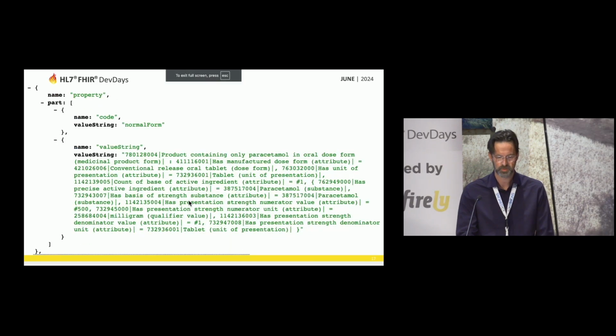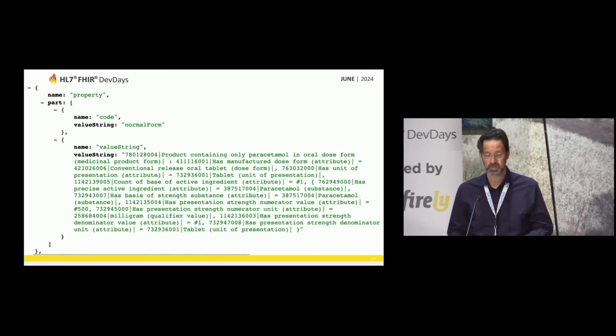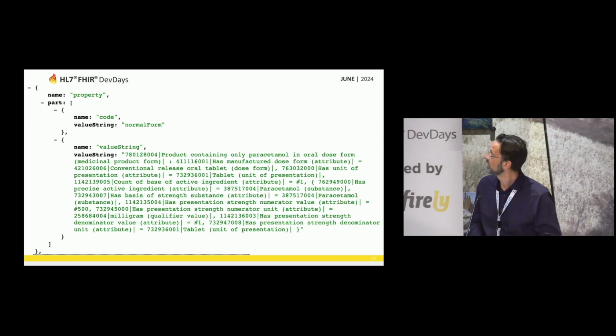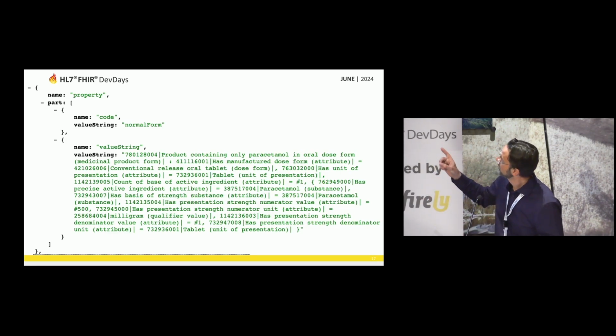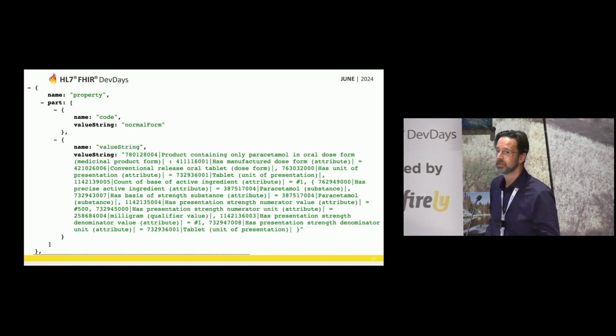So let's drill down on that. Now this is SNOMED compositional grammar, and I've chosen a more complex example here so I can show it off a bit. But an expression like this could be as simple as just the parent of the concept. Here again, you can see the concrete values. Those show up with a bit of type information. The hash there tells you that it's a number.